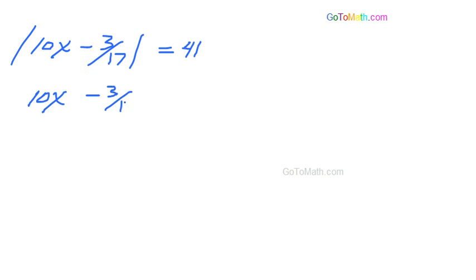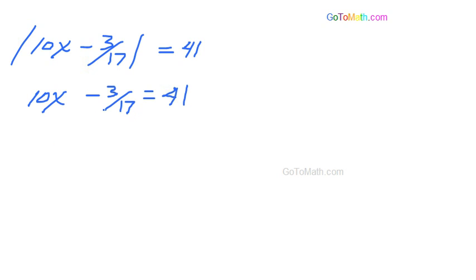So we have the absolute value of 10x minus 3 over 17, let's close that up, is equal to 41. So of course the first thing we want to do here is drop the absolute value bars. So we have 10x minus 3 over 17 is equal to 41.